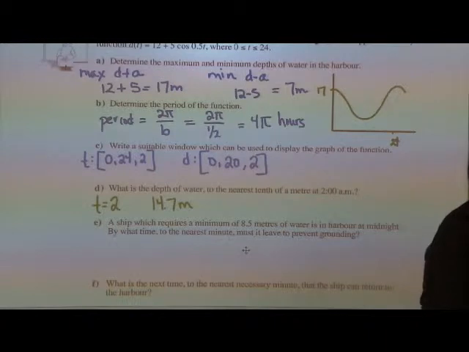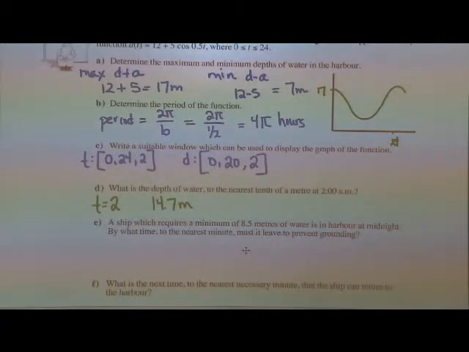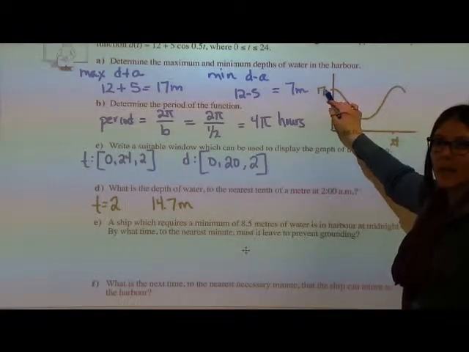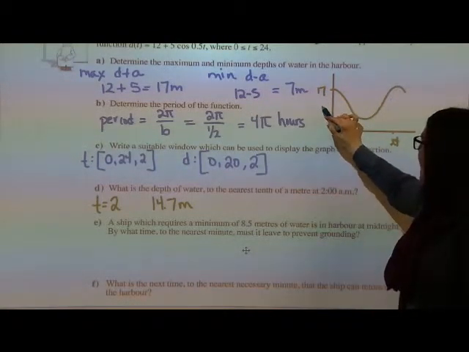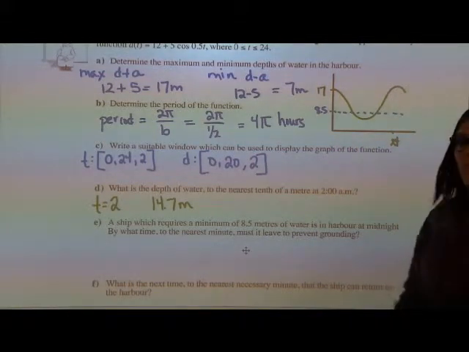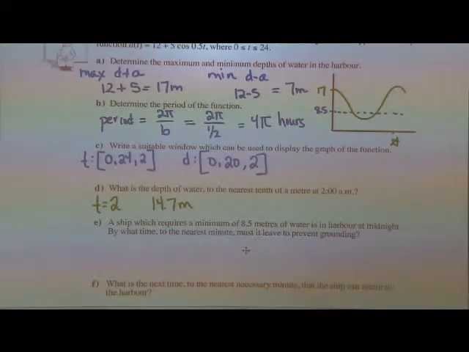There's a ship that requires at least 8.5 meters of water in the harbor. A ship that requires a minimum of 8.5 meters of water is in the harbor at midnight. By what time to the nearest minute must it leave to prevent grounding? Remember, my max is at 17, and 8.5 is going to be here.